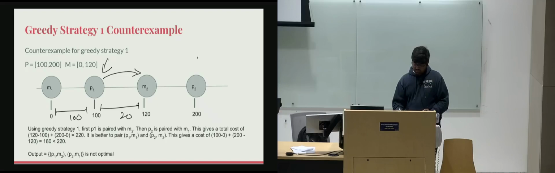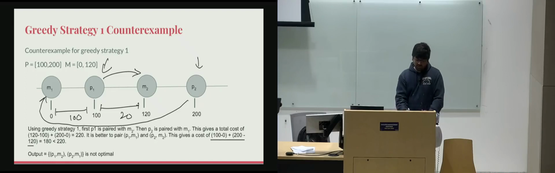And for P2, there's only one remaining merchant ship that it can destroy, that is M1. So you cannot be picky here, you just have to go and destroy M1. So the total cost would be 100 plus 120 minus 200 minus 120, which is basically 180.